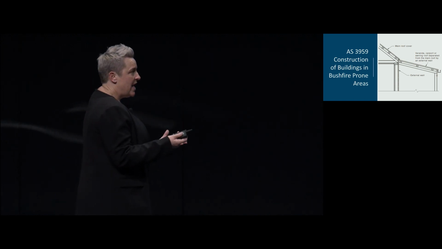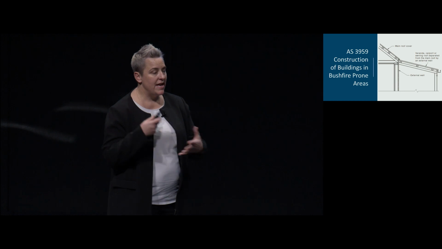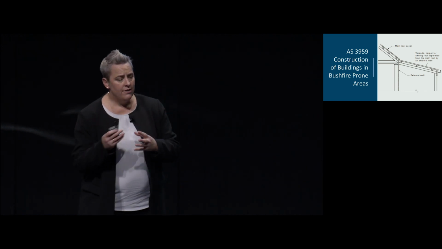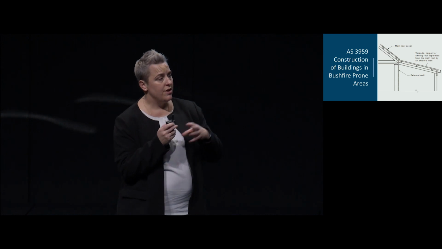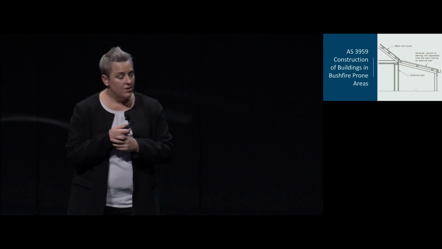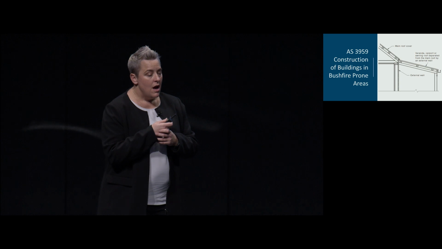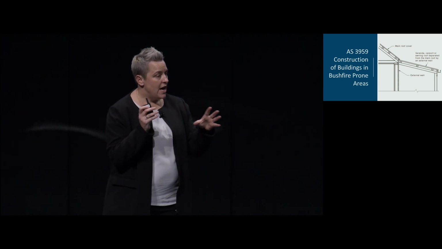Some argue that the changes or the new standard make it a lot easier. I didn't find that, but that might just relate to myself, but it's worth having a look at, because the changes will actually affect how you do those assessments in relation to your vegetation.